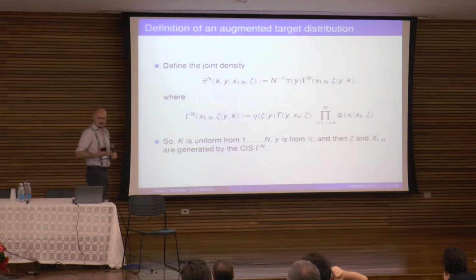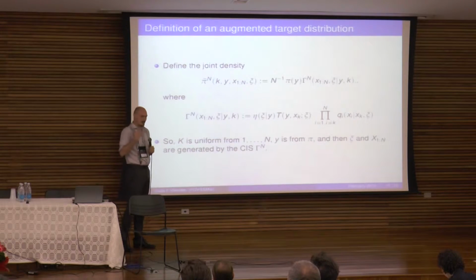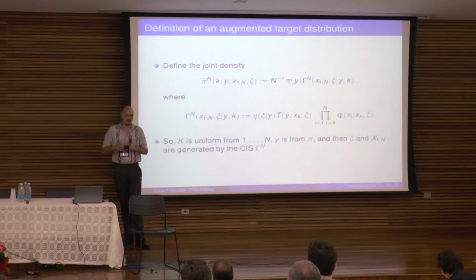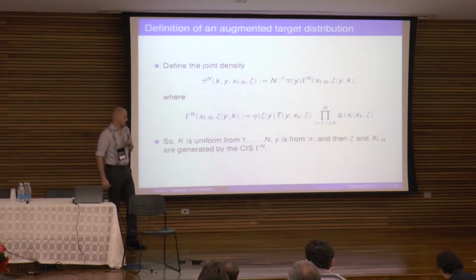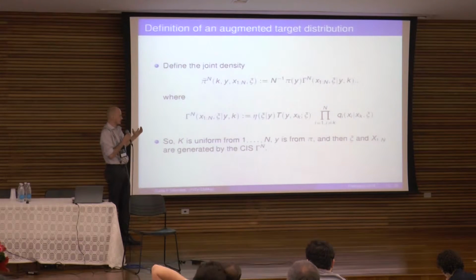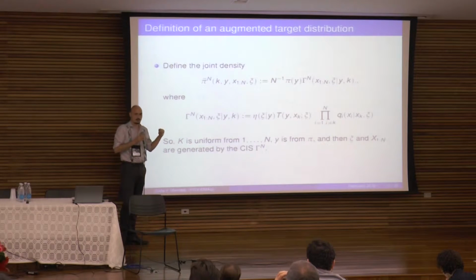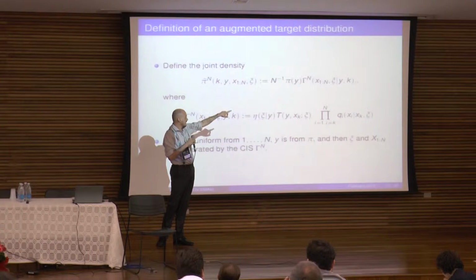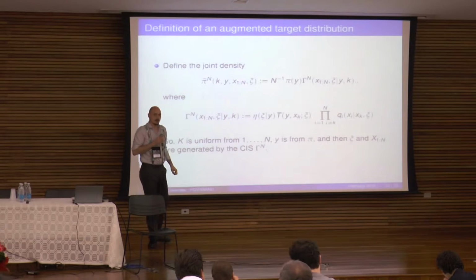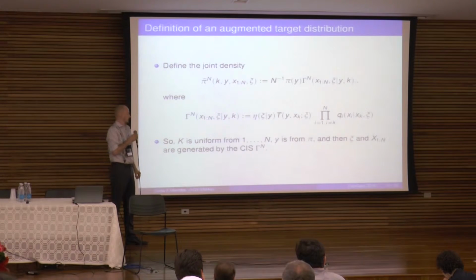Okay, so I said I want to construct an unbiased sample. I have to define an augmented space in which I'm working. And the augmented space has all the variables involved in my importance sampler on top of k and y, which is my current state in the Markov chain.